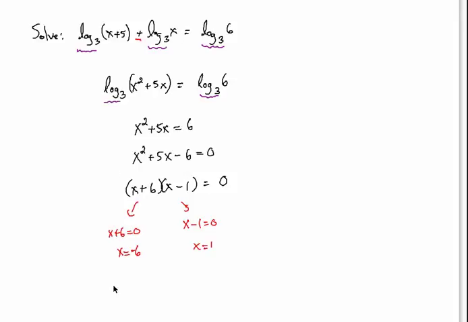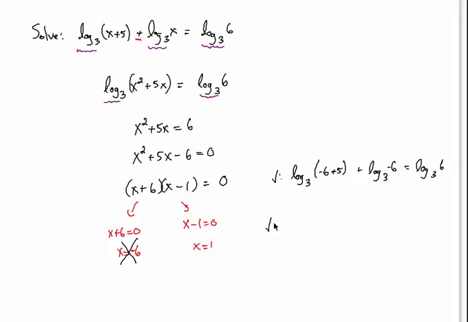So if I check, I'll see here that actually negative 6 is not going to work for us, because if I substitute negative 6 back in, I'm going to get, in two different places actually, negative 1 here, so we cannot have that, and we have the negative 6 here. So this is no good.